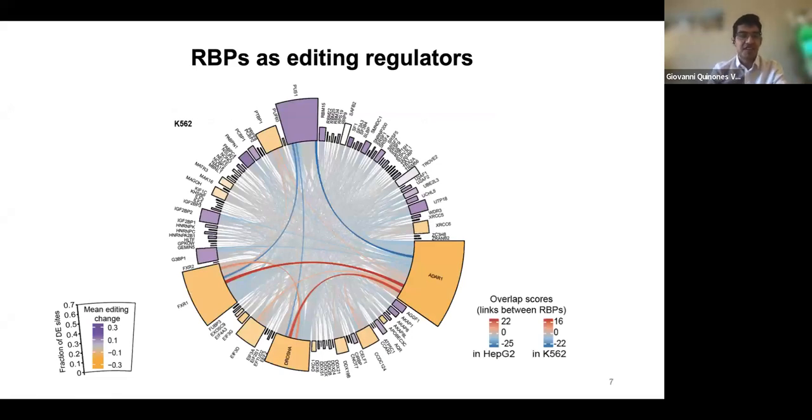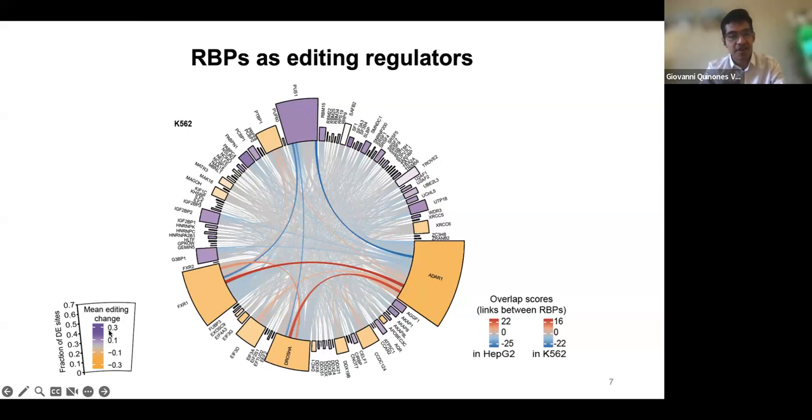This figure is very complex, but it does very nicely summarize our results. This is results from one of the two cell lines that we studied, K562. And what this figure is showing, we have bars for all the RBPs that we looked into.